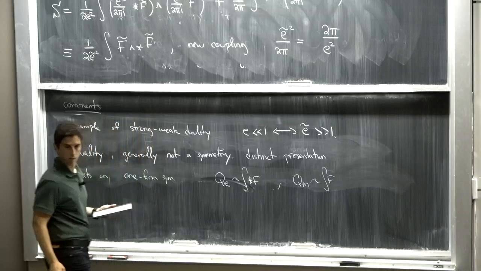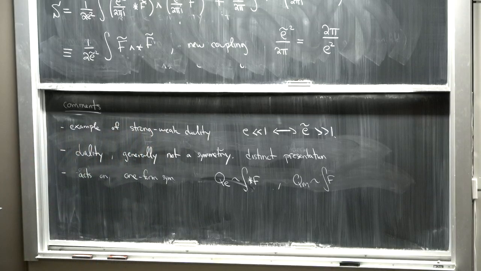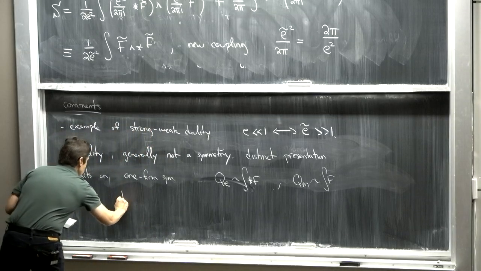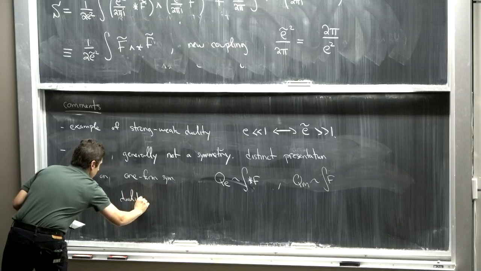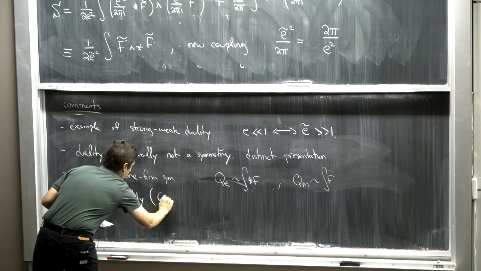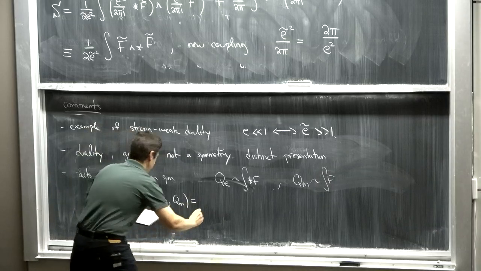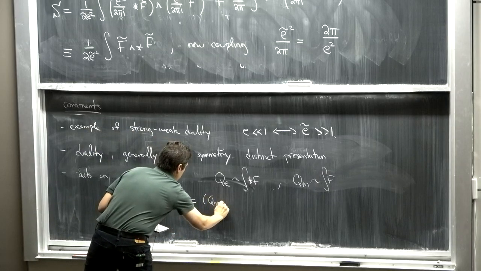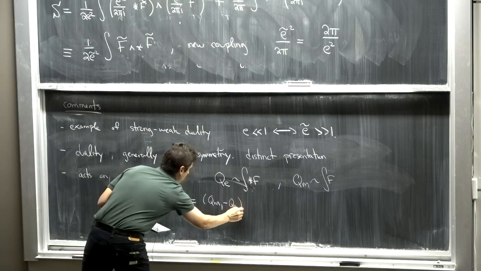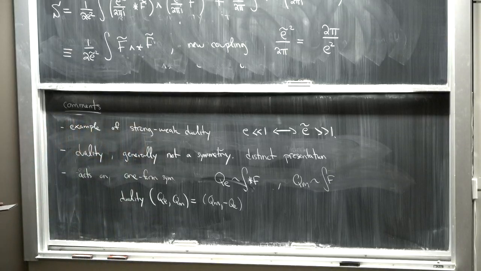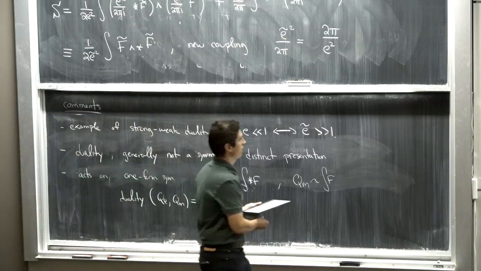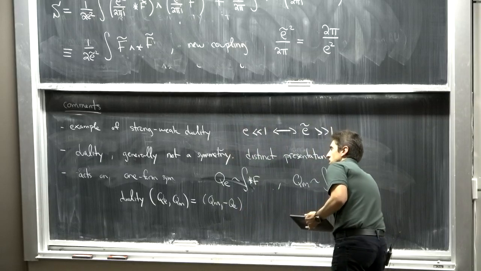Hotat gave you many beautiful lectures about that. And duality acts on the pair QE, QM as QE, QM goes to QM, minus QE. Right, that's the E to B switch. But we can say that it's an action on the symmetries, the currents of the model.